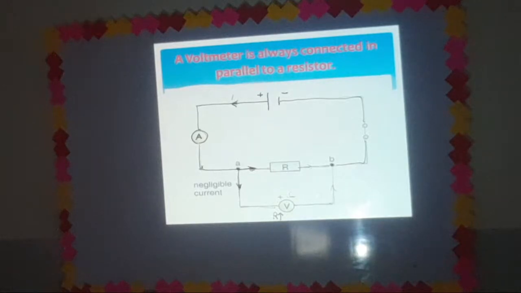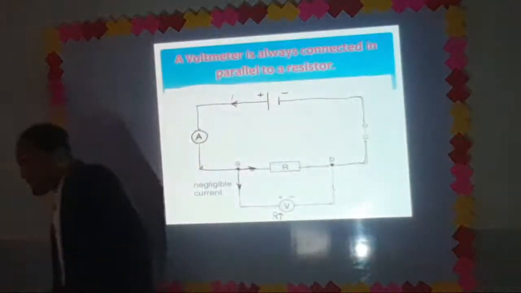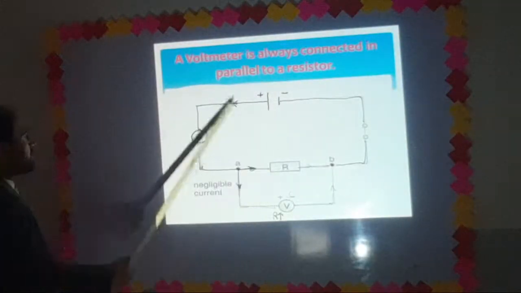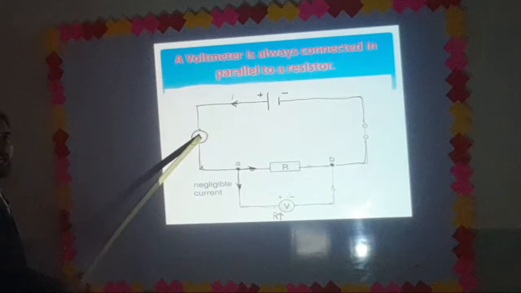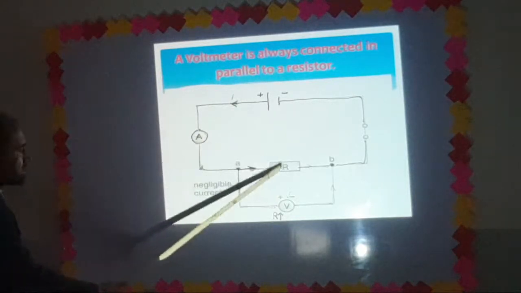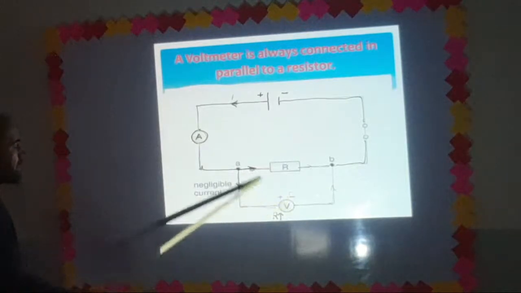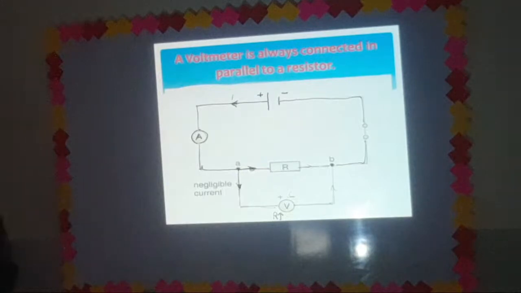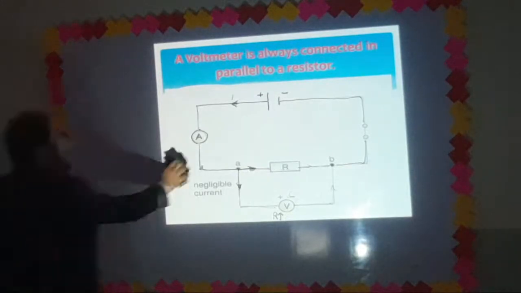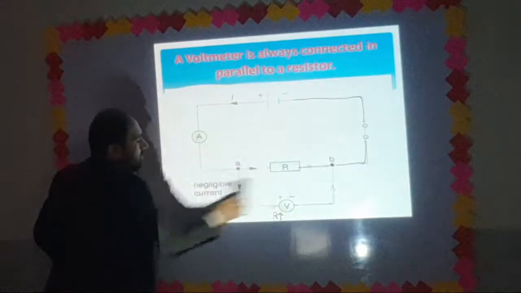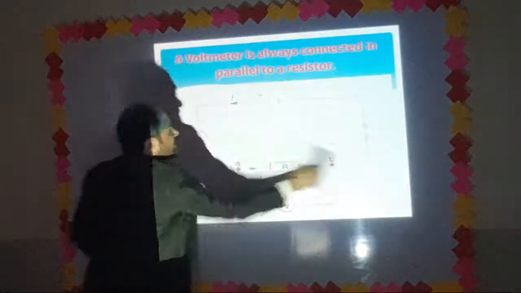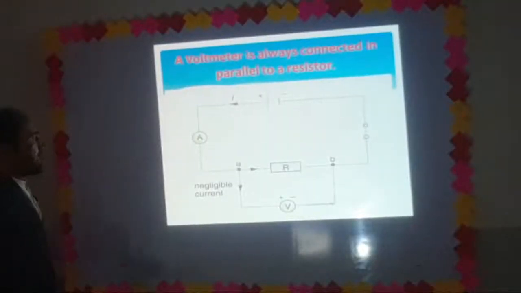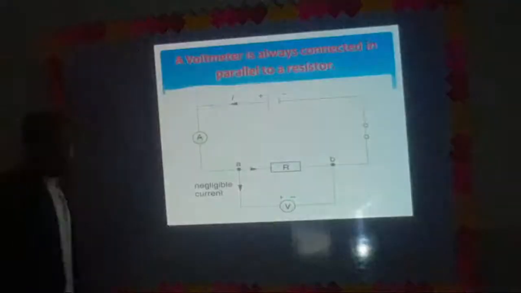Ammeter has been connected in series and voltmeter has been connected in parallel. This is a series combination in which there is only one path for the current to flow. This is a parallel combination in which current may have more than one path to flow. We have discussed series and parallel combinations, and the internal resistance of ammeter and voltmeter.